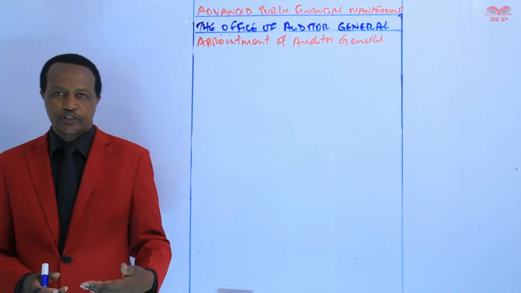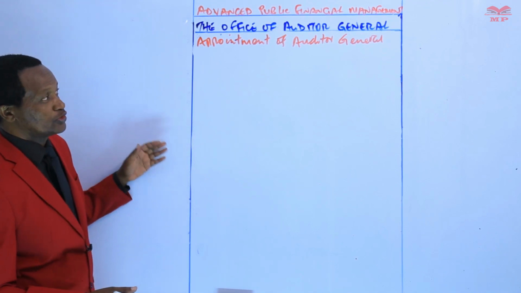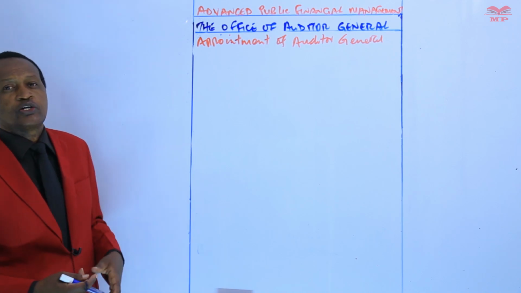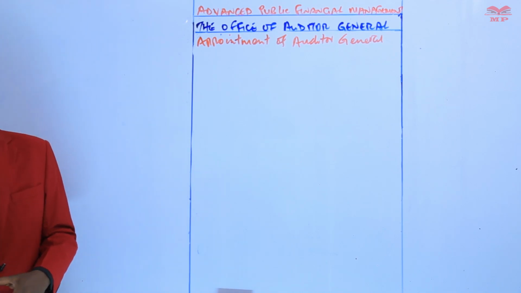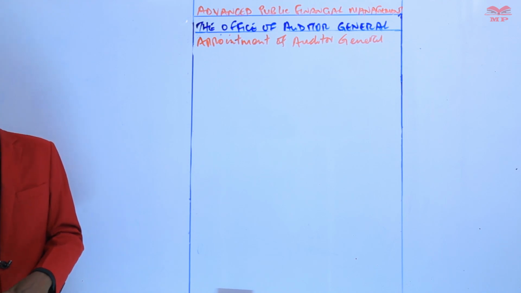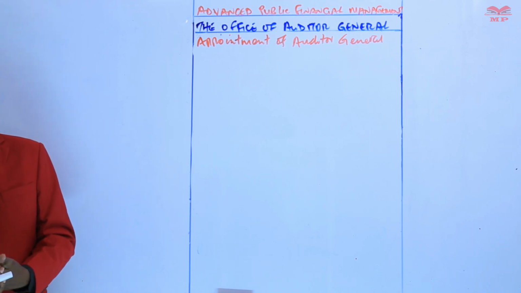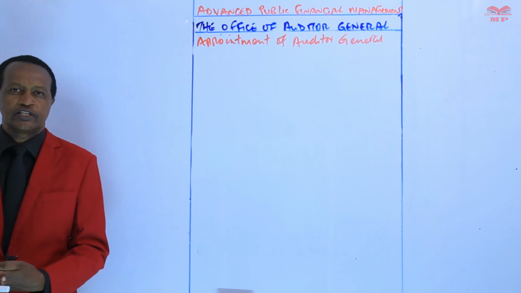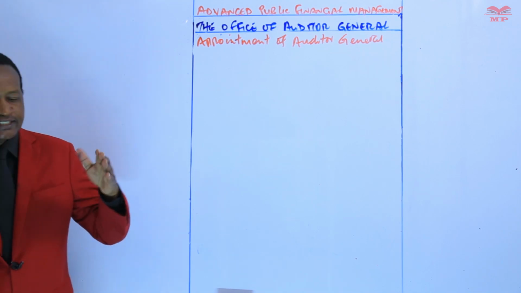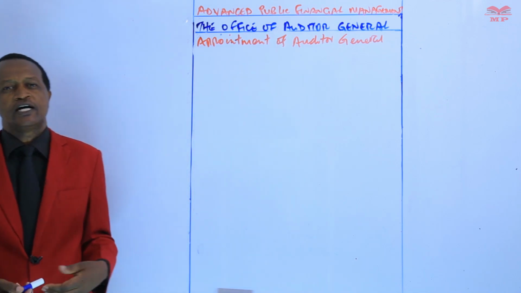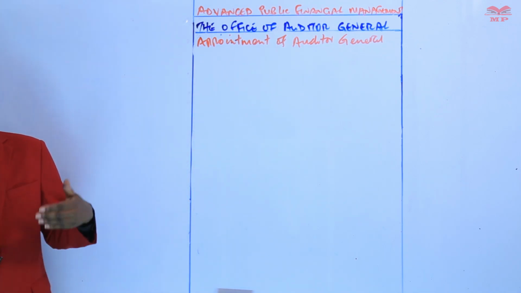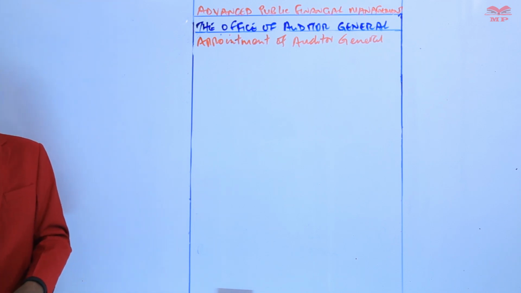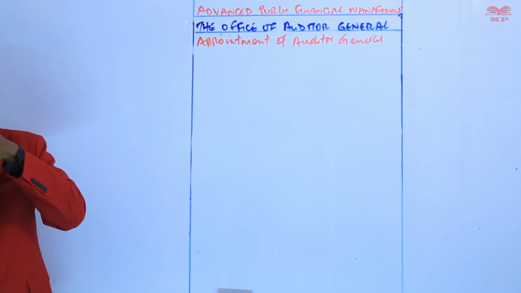So the appointment process for this vital role is clearly outlined in the Constitution of Kenya 2010 and further elaborated in the Independent Offices Appointment Act of 2011. The process is designed to be transparent and involves both the executive and the legislature, which emphasizes the independence of the office.